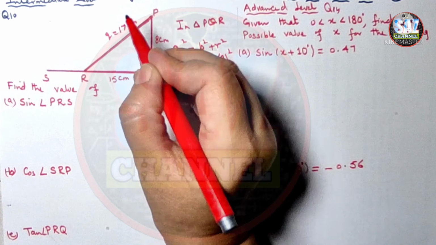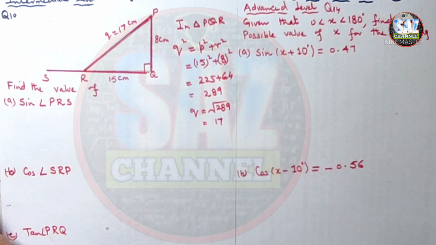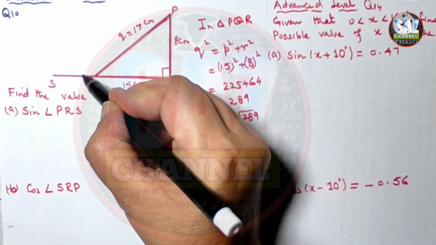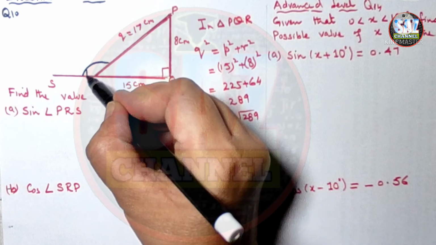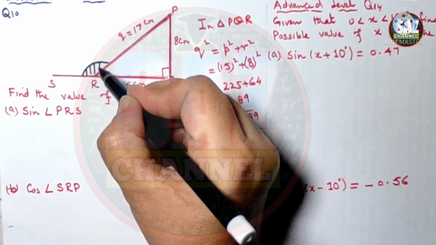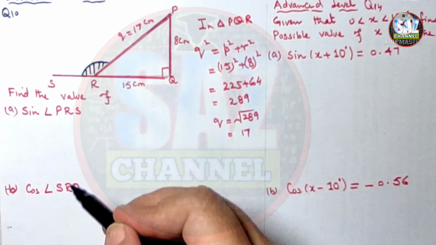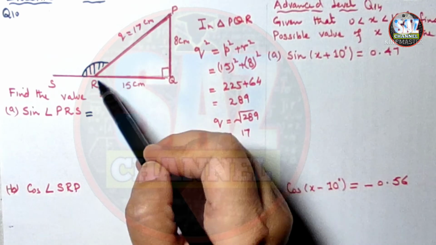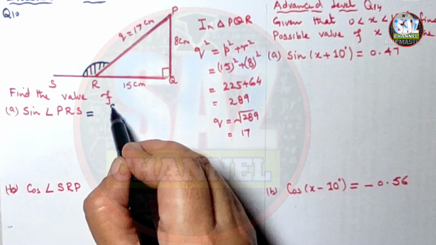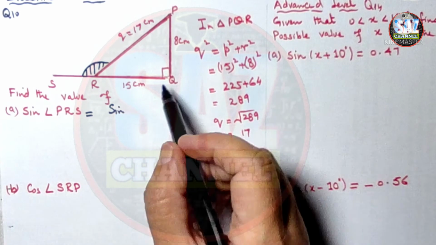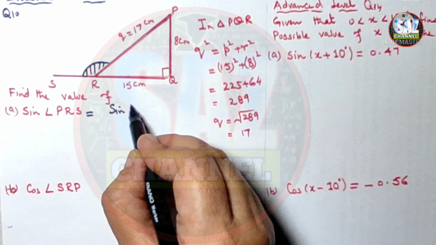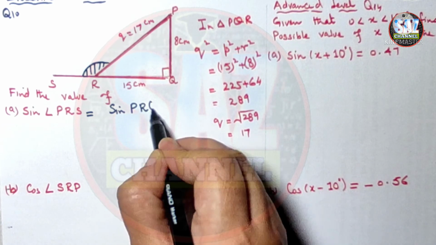Okay, now it's time to discuss the situations given in the question. The first requirement of the question is sine of angle PRS. If we look at the diagram, the first requirement is the sine of the obtuse angle, and recall my previous lesson that the sine of this obtuse angle will be equal to the sine of the adjacent acute angle, that is PRS and PRQ, sine of PRQ.